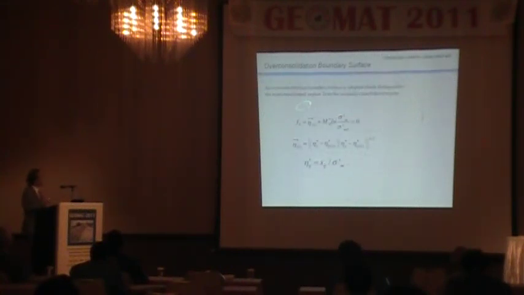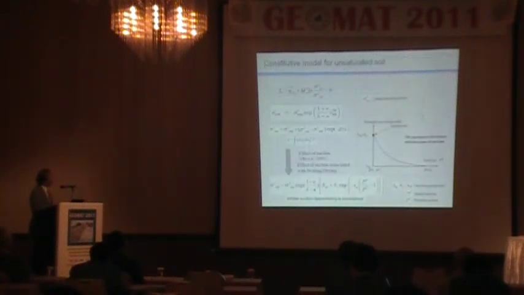The boundary surface, which controls the yielding and the potential, is very important. f_b equals zero is the surface in stress space, and its size is controlled by sigma_mb prime, where the relative stress ratio invariant is defined with the relative stress eta_ij. So sigma_mb prime is very important.